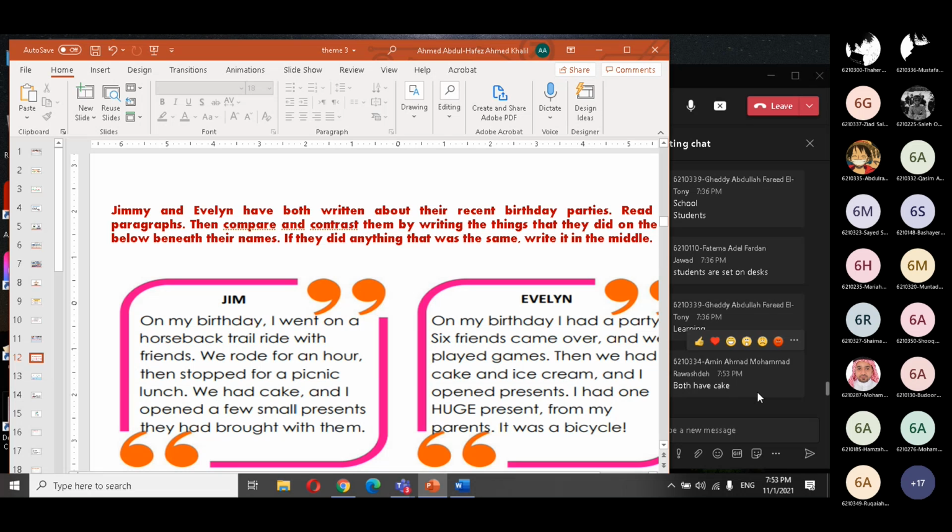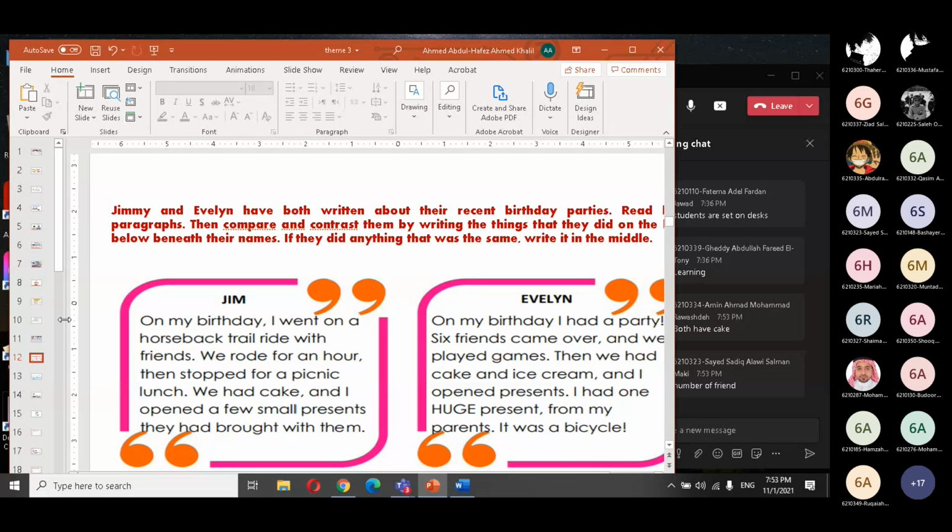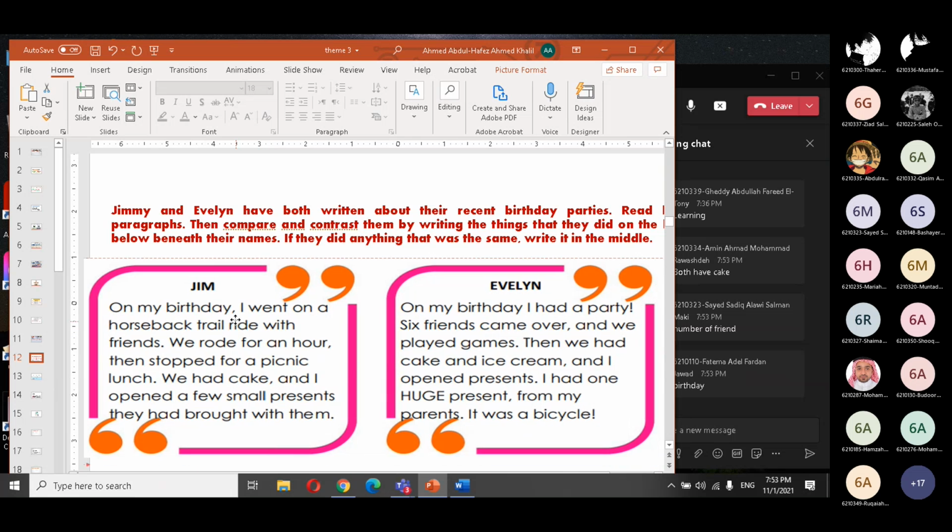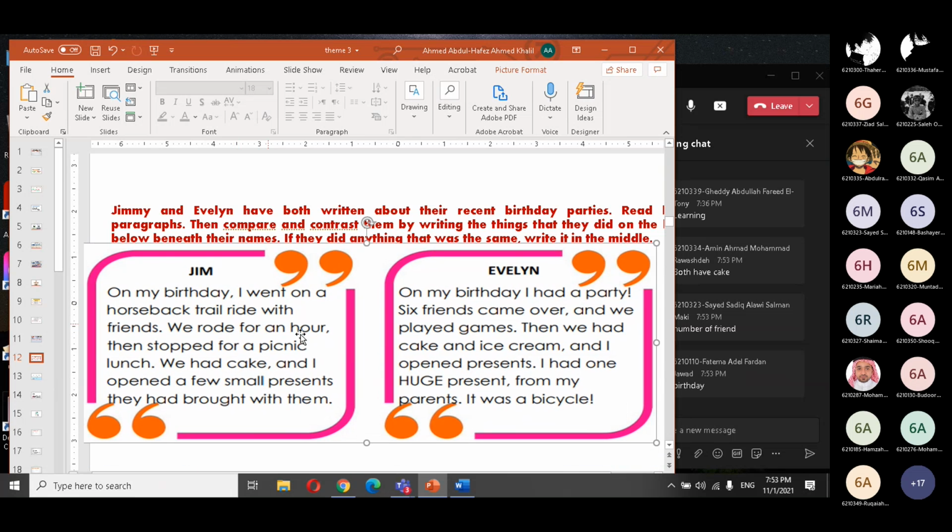Yes, I mean both have cake. Yes, that's right. Okay. Well, yes, both have a birthday celebration.